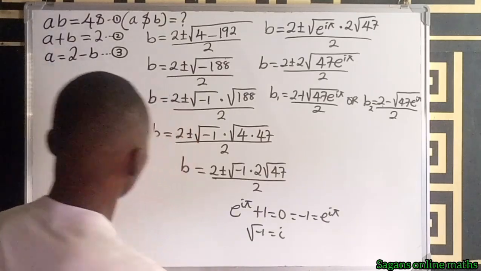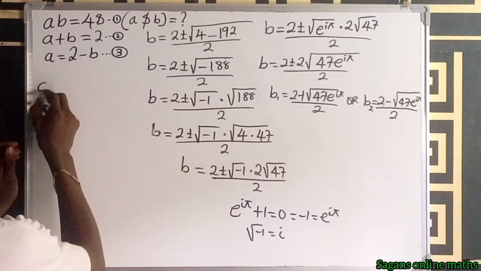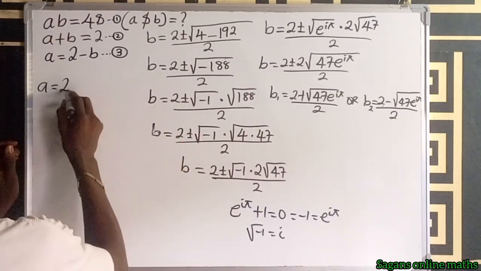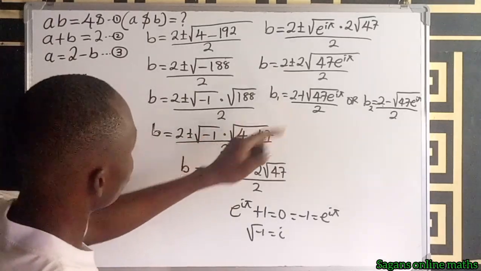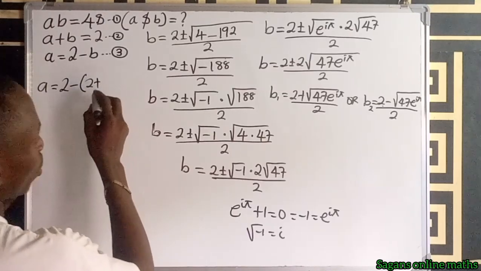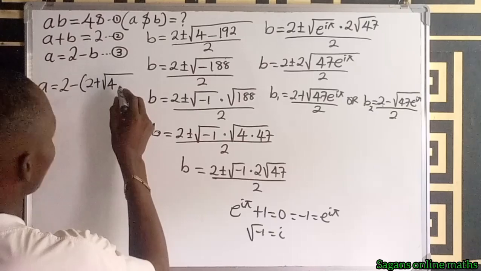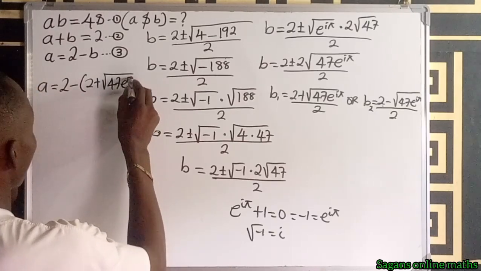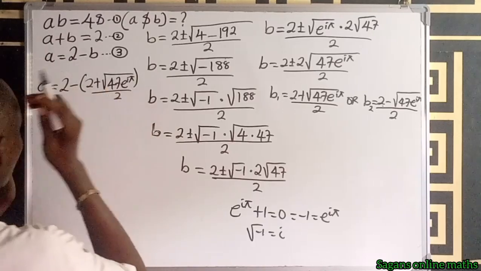Now from here, A will be equal to 2 minus B. Now B1 is 2 plus root 47 multiplied by e to the power I pi, then divided by 2.